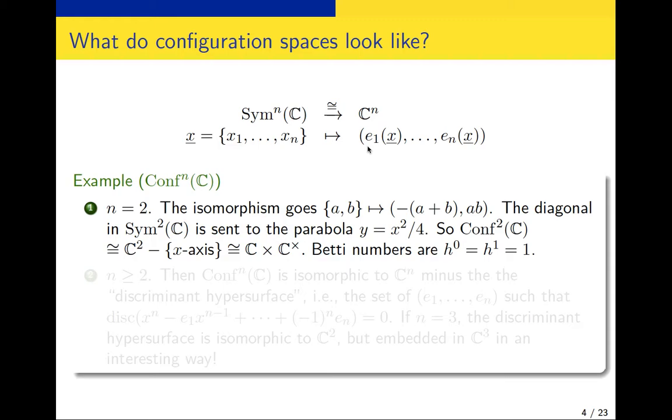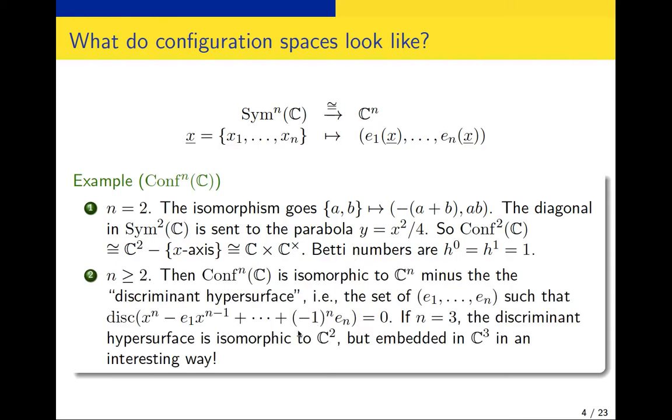When n is 2, the complement is the parabola. So Conf_2(C) is C^2 minus the parabola, but that is isomorphic to C^2 minus the x-axis. And that is homotopy equivalent to a circle, so the Betti numbers are known, and every topological information is known about that.